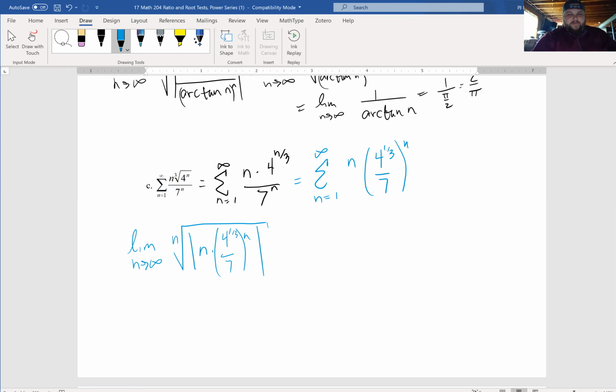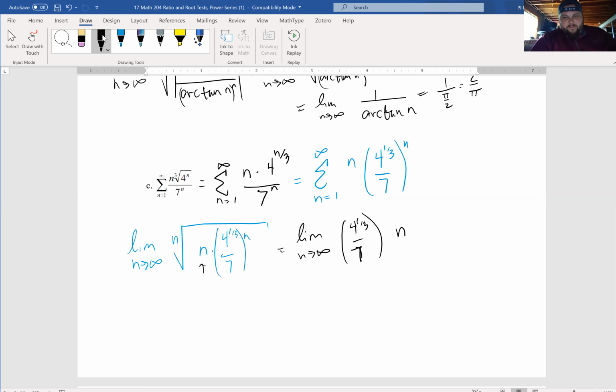Really, we don't need the absolute value because everything there is positive, so we can drop it. Then the nth root will cancel with that n, but it still will be on this n. So this 4 to the 1/3 over 7 just comes out.